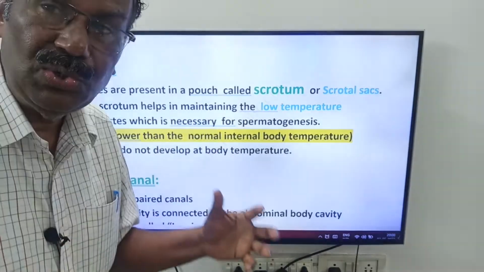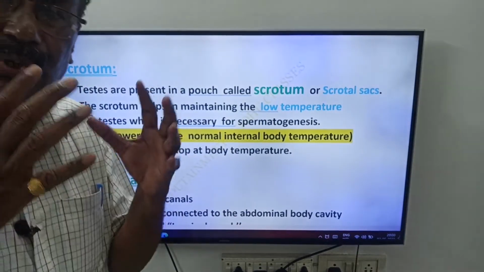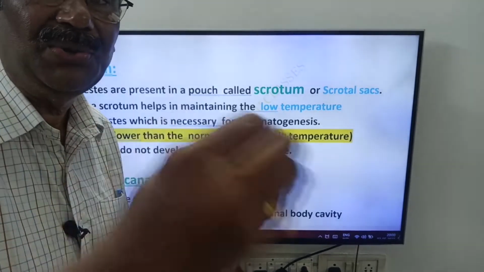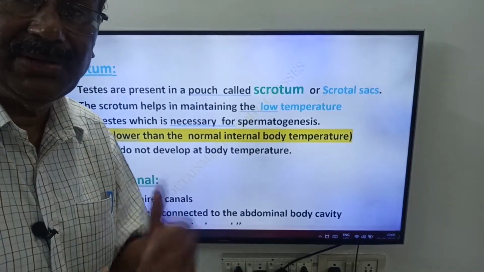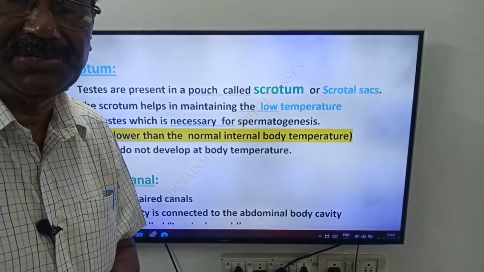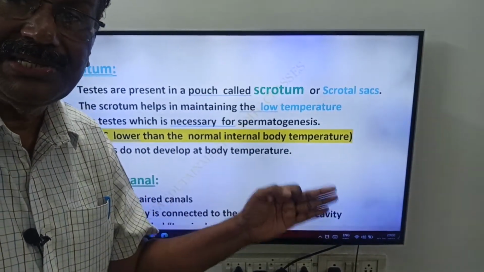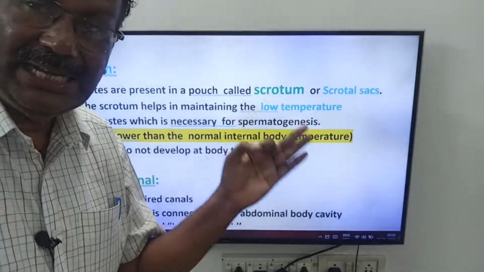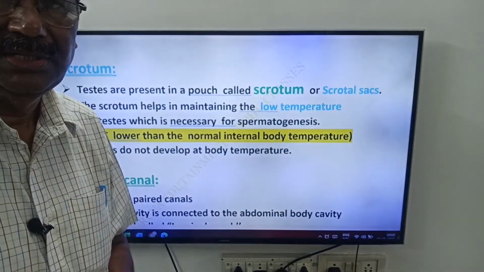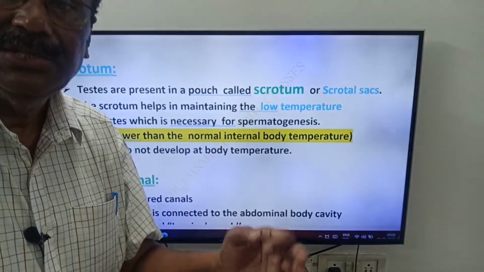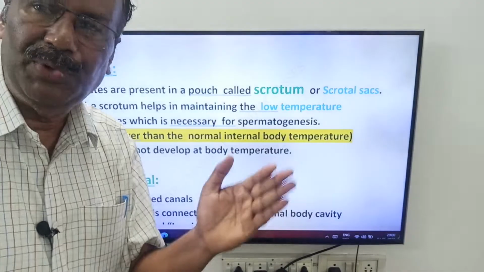This low temperature is necessary for spermatogenesis, the process of formation of sperms. Spermatogenesis requires a temperature lower than the internal body temperature. Because of that, the testes are present in the scrotal sacs, outside the abdominal cavity.